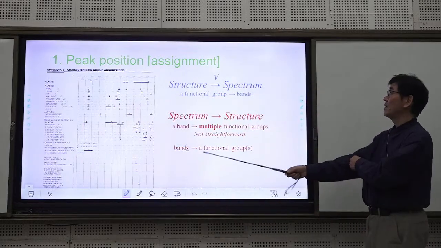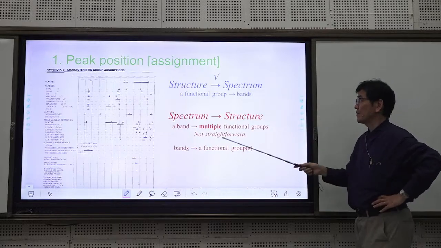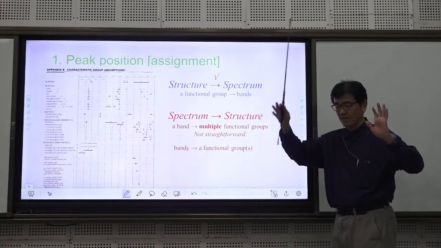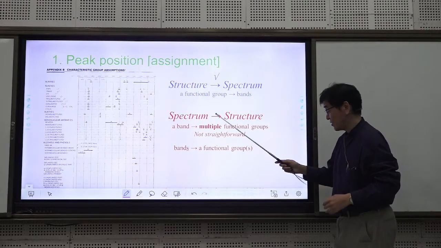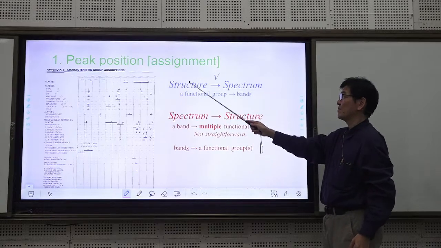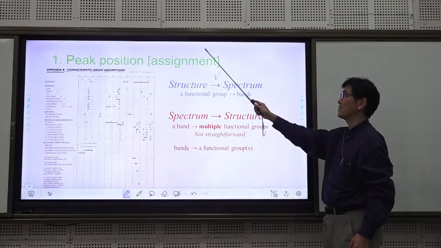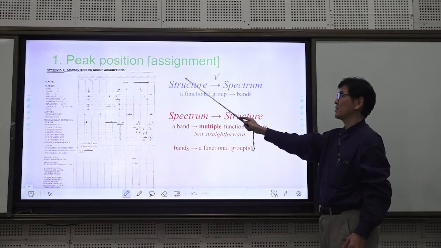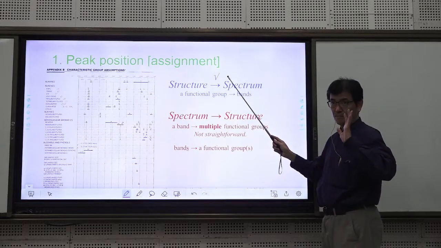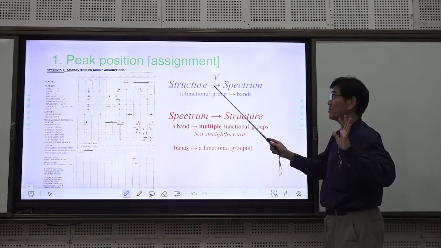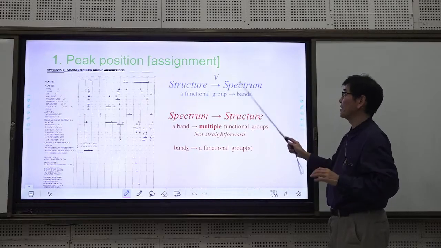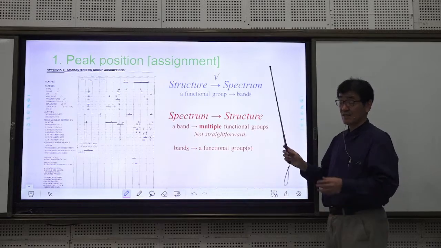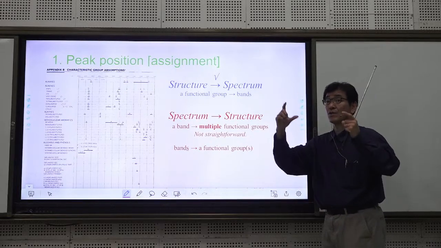And I should mention that there is a solid relationship to correlate the structure and spectrum. When we know the structure, we can predict or calculate what the spectral pattern should be. The intensity pattern of the spectrum is related to the vibrational coordinate.